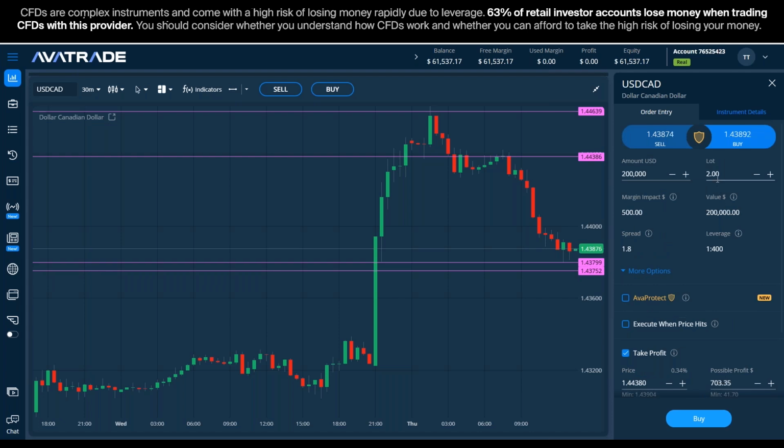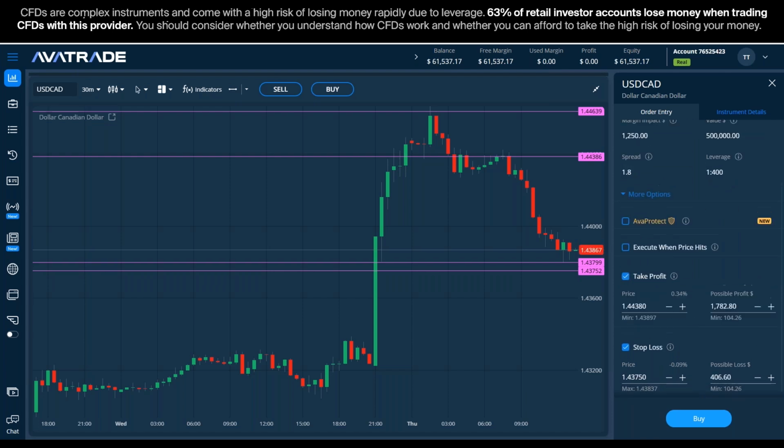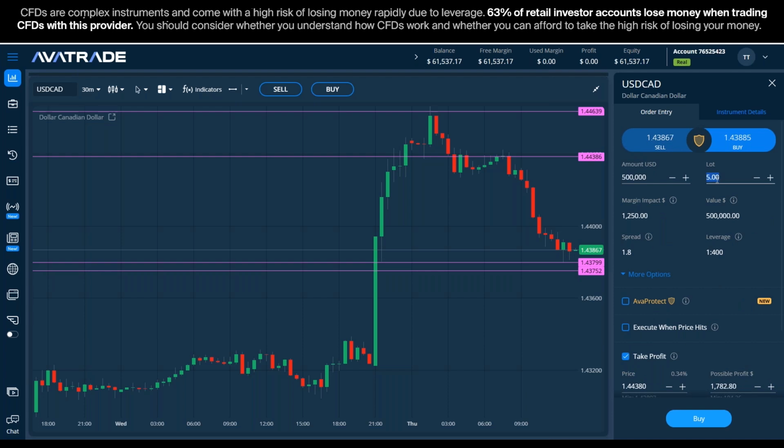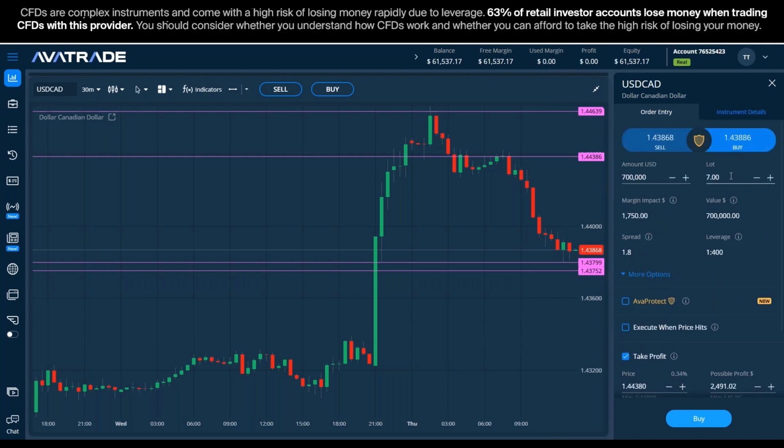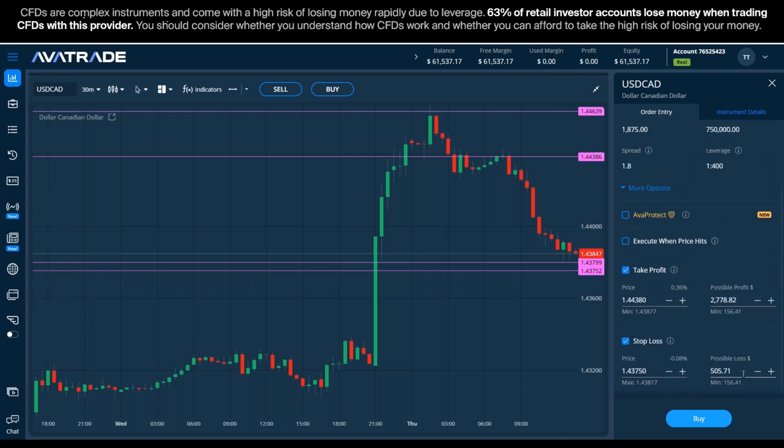Maybe I'm comfortable risking 1% of my account here. So that would be around $615. So I could go 5 lots and I'm risking 400, go 7 lots and I'm risking 569. Maybe I'll go 7.5 lots and I'm risking less than 1%, about 530.